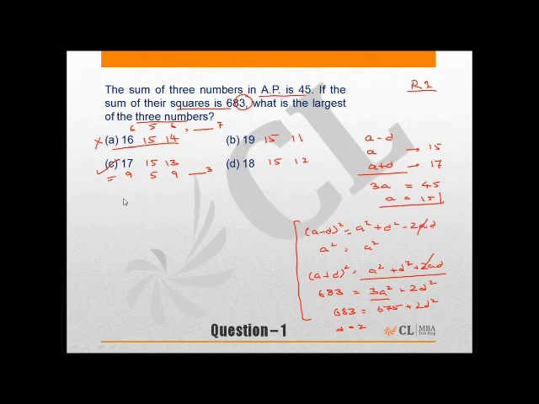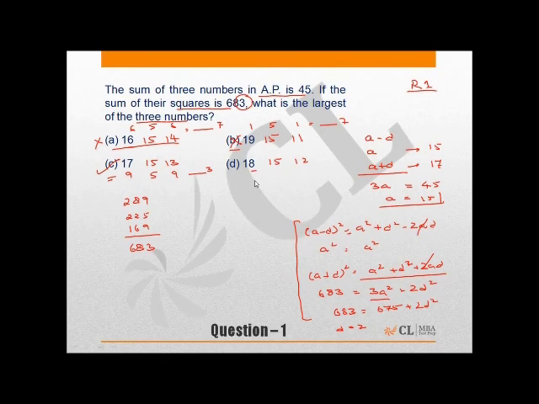Checking this completely would mean 17 square is 289, 15 square is 225, 13 square is 169. Add them and you will get 683, so this is the correct answer. The other way, as I said, was to verify and eliminate the others also. For example, choice B: 19 square will end in 1, 15 square ends in 5, and 11 square will end in 1, so this again ends in 7, incorrect.